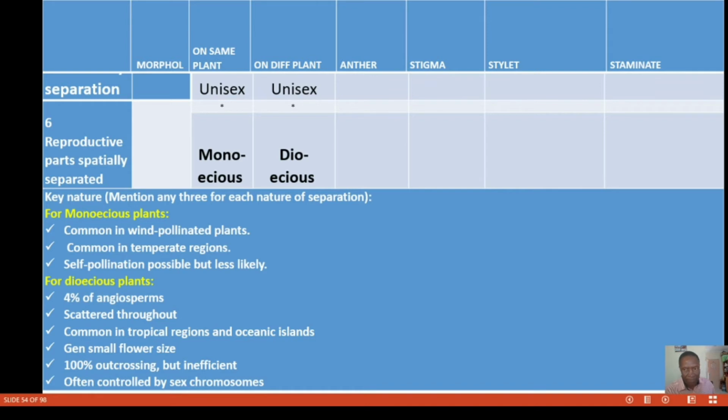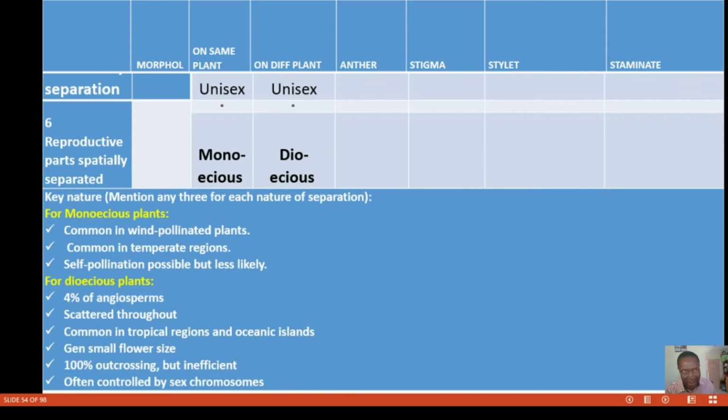Then we have the dioecious plants. And this is where we encounter dioecy occurring in about 4% of the angiosperms.